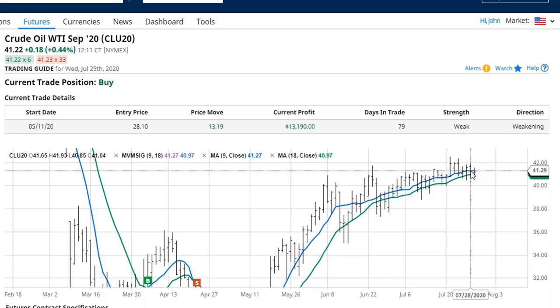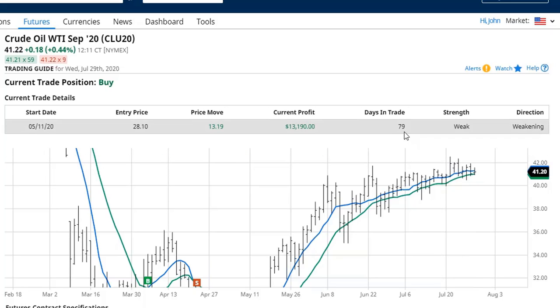Now, those of us who are experienced futures traders, we should be thinking about maybe a little bit of a red flag here. Here I can see that I've been in this trade for 79 days. So this could be a problem for us, especially if I understand the life cycle of the market that I'm trading.